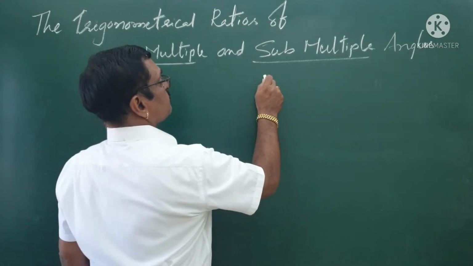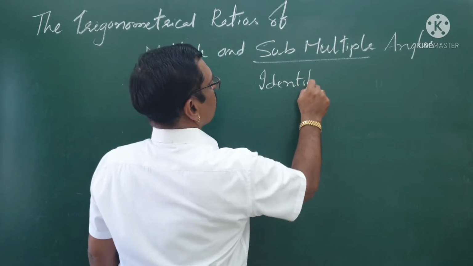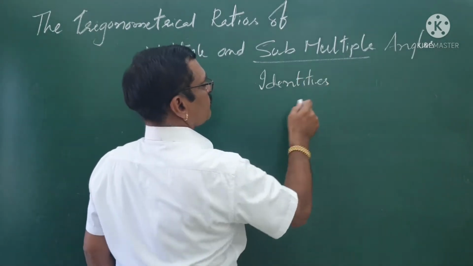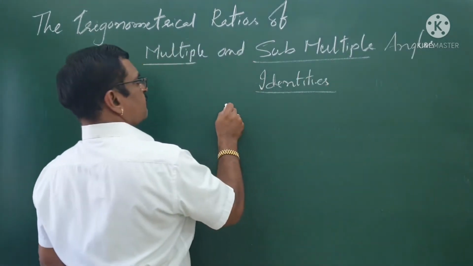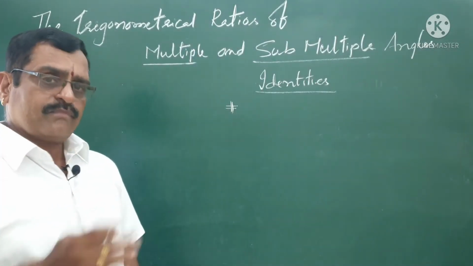Identities in this chapter. Basically 6 are there. Let me make a list.